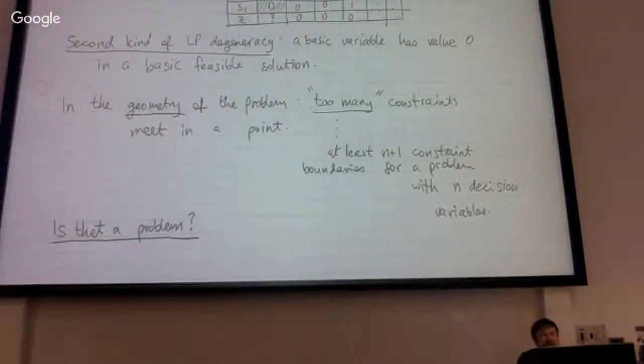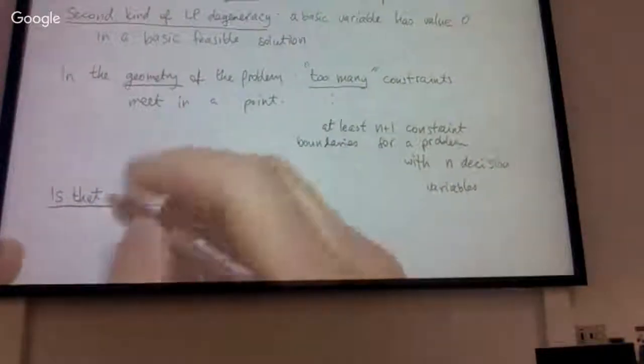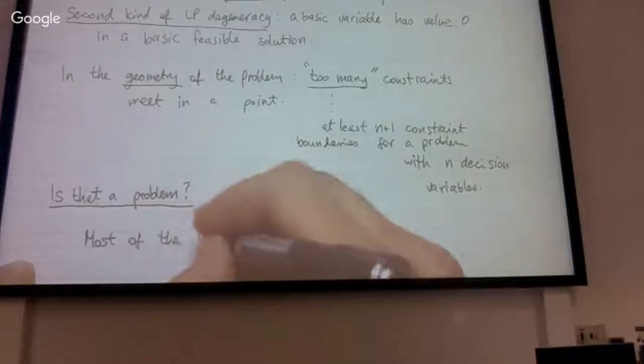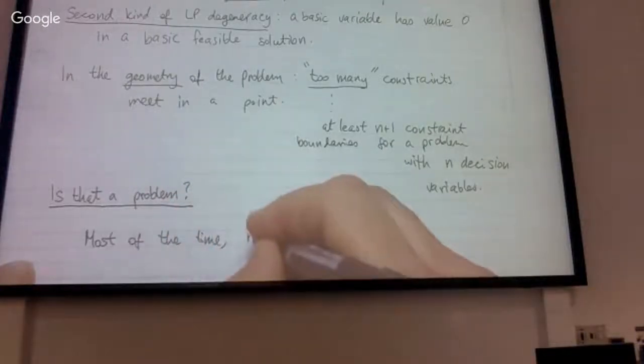Who thinks it's a problem? Who thinks it's okay? So we win because I think it's okay. Well, it's mostly okay. Is that a problem? Most of the time, no.